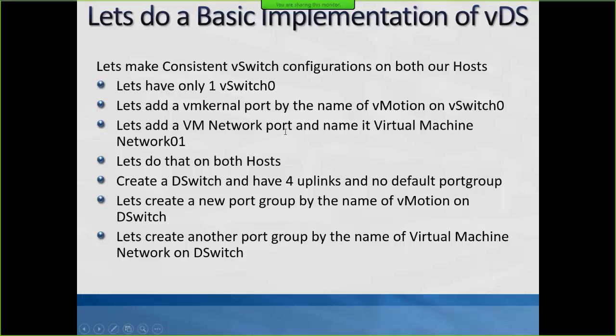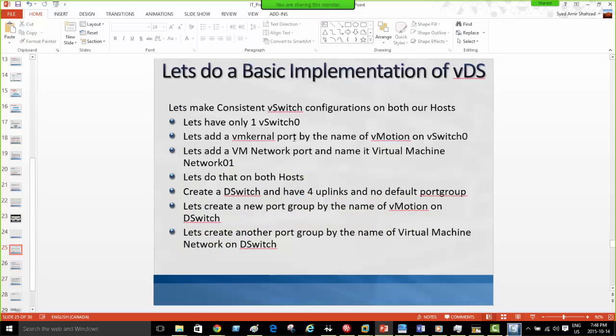Then we're going to go to vCenter, deploy the distributed switch, and then import or connect the host ESXi01 to the distributed switch, and then connect the host ESXi02 to the distributed switch, right? So right now, if we go step by step, we're going to have a proper consistent environment. So let's go ahead.